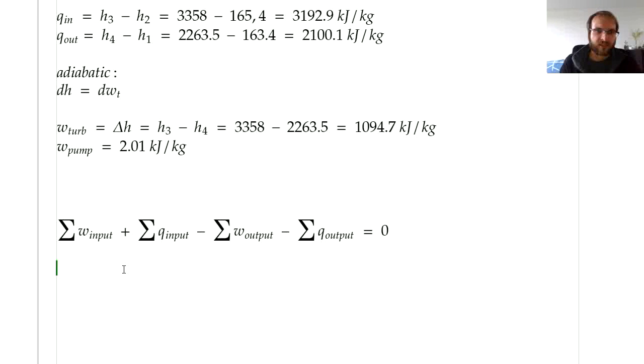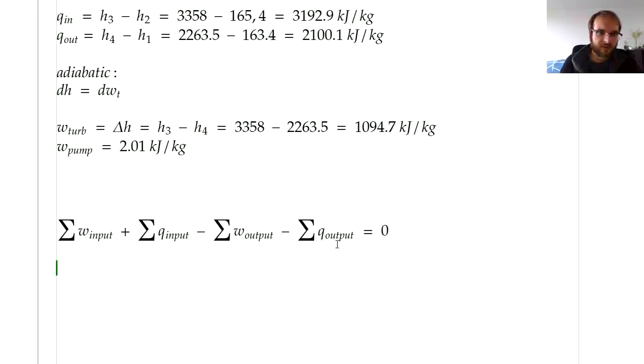Then some minor discrepancies might also result from inaccuracy in the thermodynamic properties, but especially for water and steam, the correlations are really very accurate.